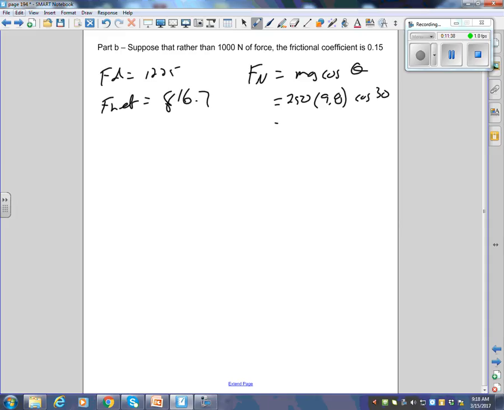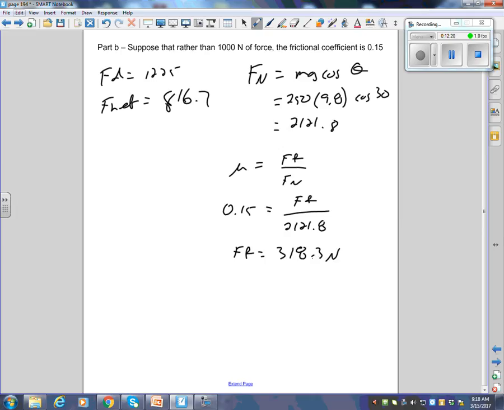Okay, so if the frictional coefficient is 0.15, 250, 21.8. Now you're going to go mu equals FF over Fn, 0.15, solve for friction force. In other words, you're just multiplying that number by 0.15, 318.3.